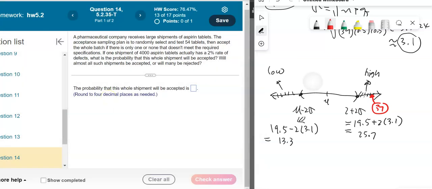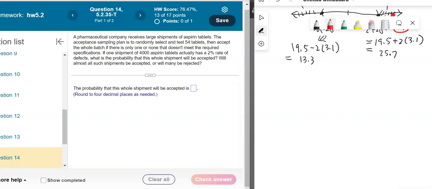Okay. Right. Now, a pharmaceutical company received large shipments of aspirin tablets. It's getting a little bit longer. The sampling plan is to randomly select and test 54 tablets, then accept the whole batch if there is only one or none defective.